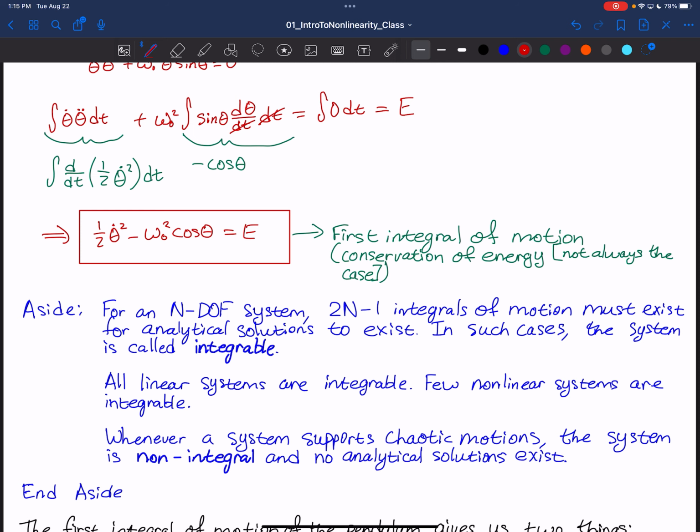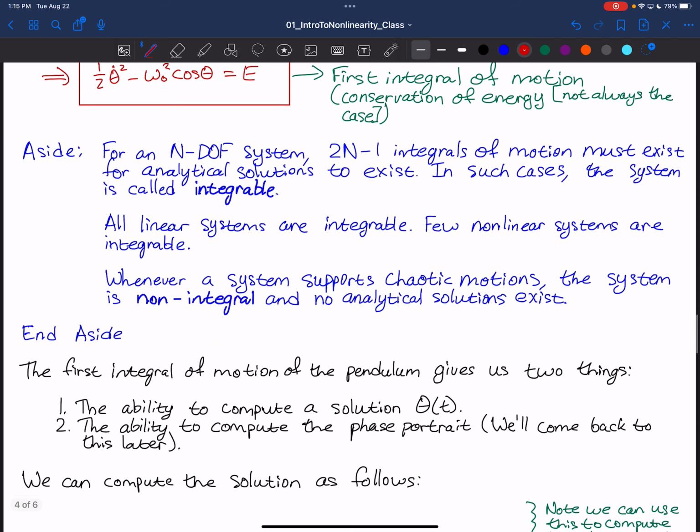All right. So in that case, let's just take a brief aside. I said that uniqueness of solutions goes away with nonlinear systems, but existence also goes away. So a lot of systems that are nonlinear just do not have solutions, period.